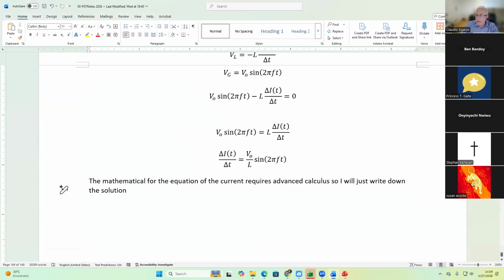Not yet. The mathematical solution for the equation of the current requires advanced calculus, so I will just write down its solution, the final result.